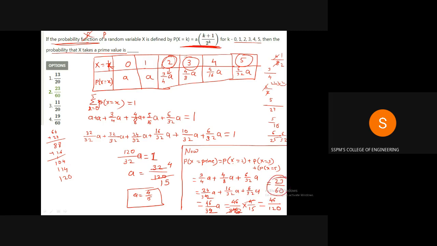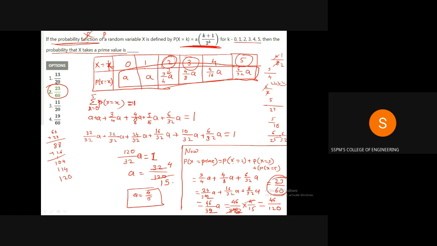So that will be the correct option. Remember, the addition of all these terms is always equal to 1. That is the basic rule of probability.